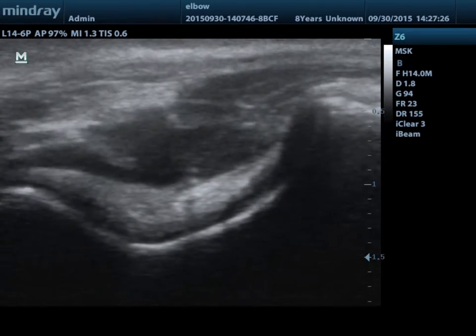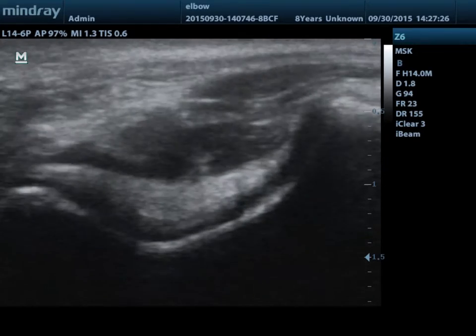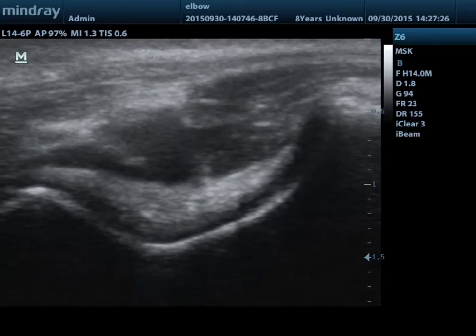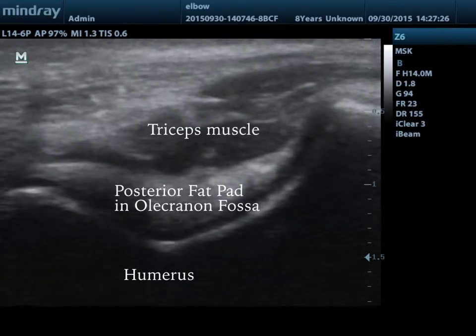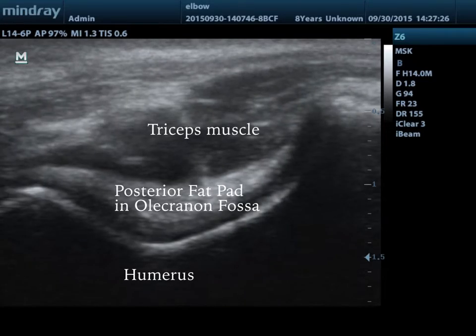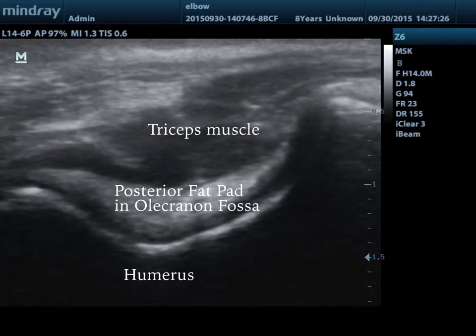Here is a view of the olecranon fossa. I tend to think of it as a valley between two hills, which are the posterior aspects of the condyles. Again, we can identify the triceps muscle, the posterior fat pad within the olecranon fossa, and the humerus.